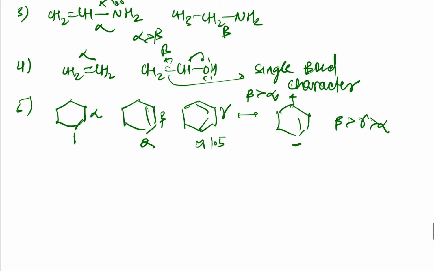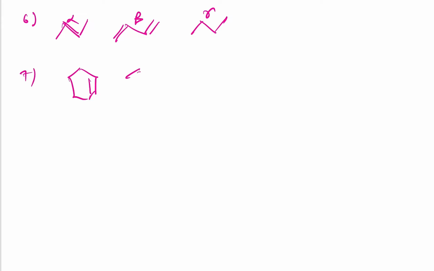Now I'm putting up more questions to practice. We have done 5 questions. Now let's talk about the 6th question. It says this bond, this bond and this bond: alpha, beta, gamma. The 7th question has this bond and that OH: this is alpha and this is beta.